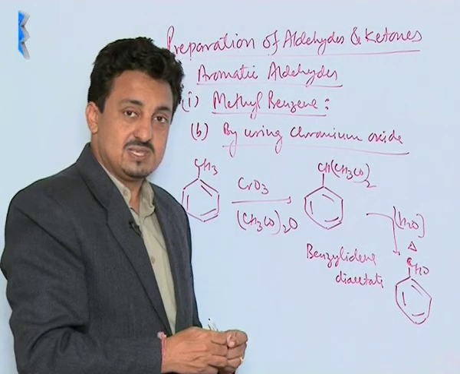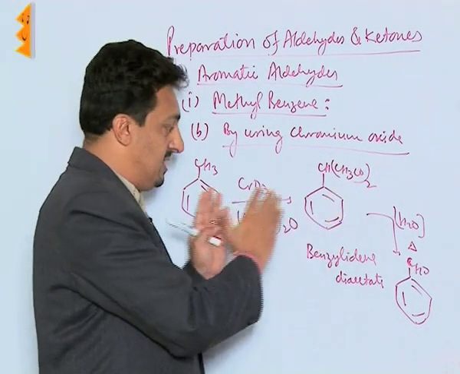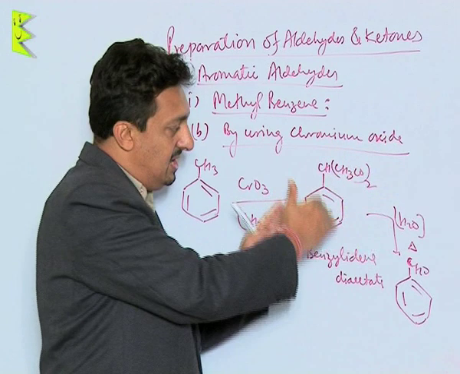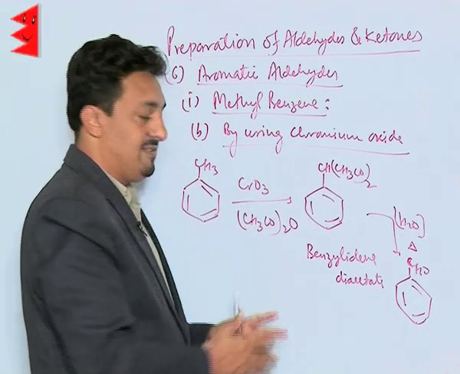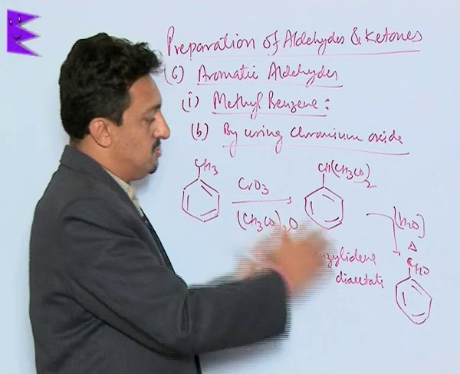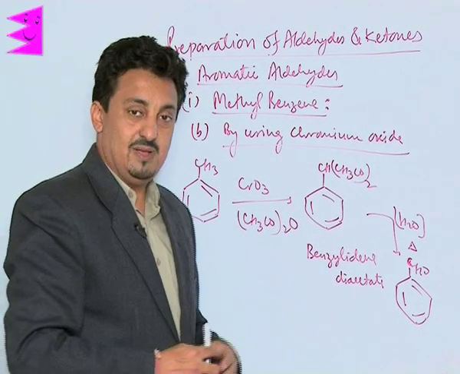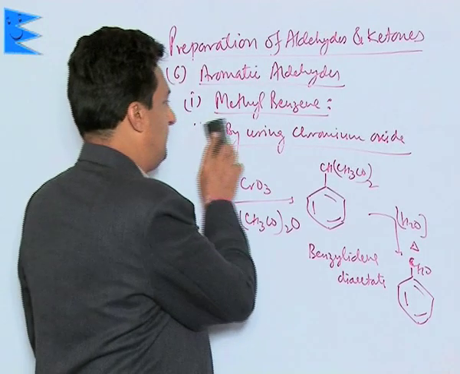This is again a method in which direct oxidation is prevented by forming an intermediate which is not further oxidized, and that gets converted into benzaldehyde. So by using chromic oxide in acetic anhydride, we can oxidize toluene, or methyl benzene, to benzaldehyde.